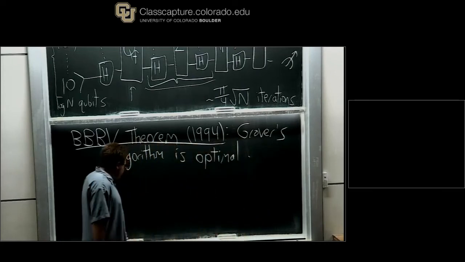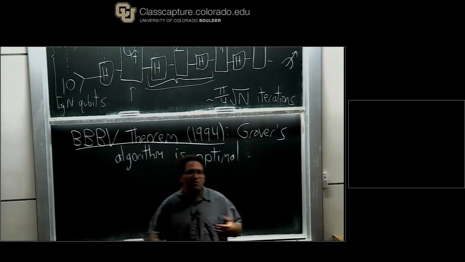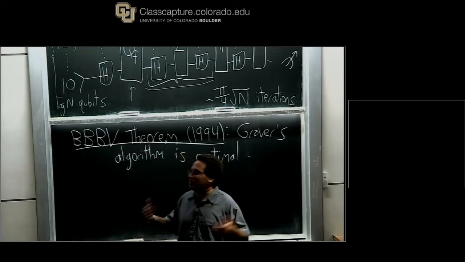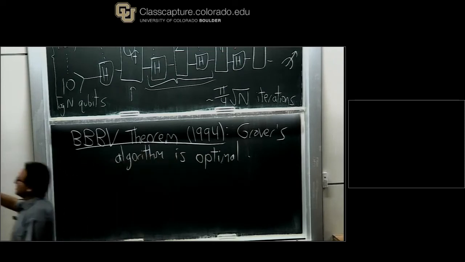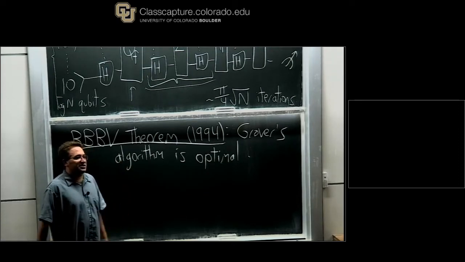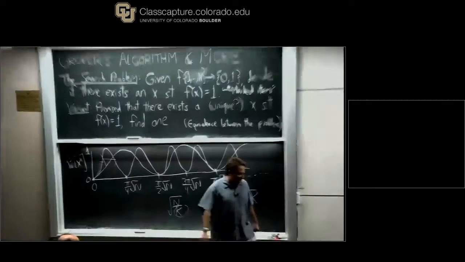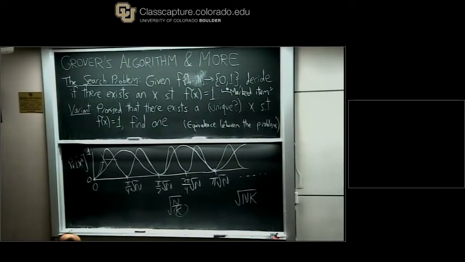If you're just trying to solve the black box search problem, and you have no other information about the structure of your problem than what is provided by the black box, then any quantum algorithm needs at least order square root of n queries to find a marked item. Indeed, it needs this many if there are k marked items. And in fact, even the pi over 4 prefactor is optimal. Was there another question?